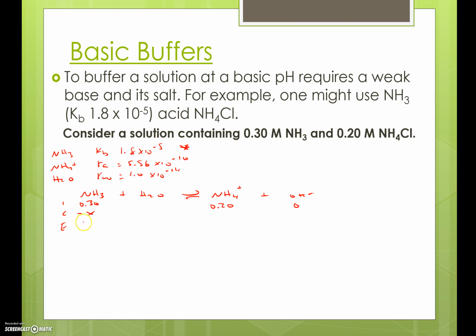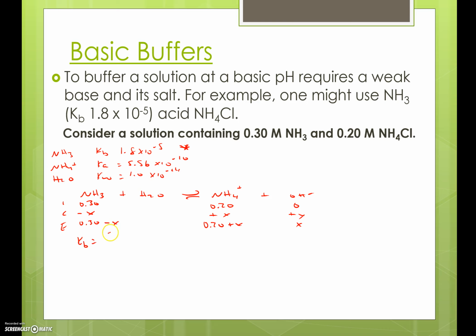So X amount of ammonia is going to react, which gives us 0.30 minus X. X amount of ammonium ion is going to be produced, so that's 0.20 plus X. And X amount of hydroxide is going to be produced. Now we're going to write our K expression, but it is going to be Kb since it's a base.